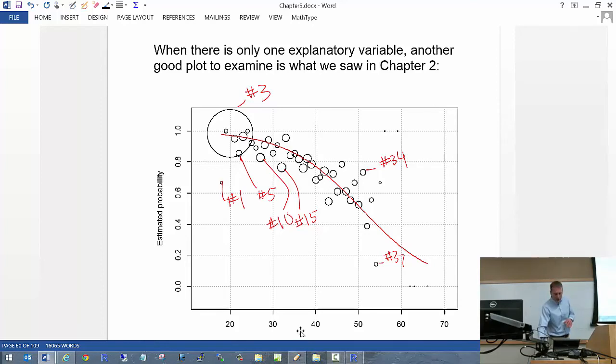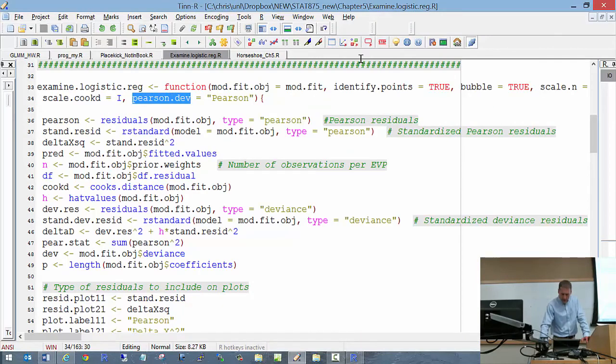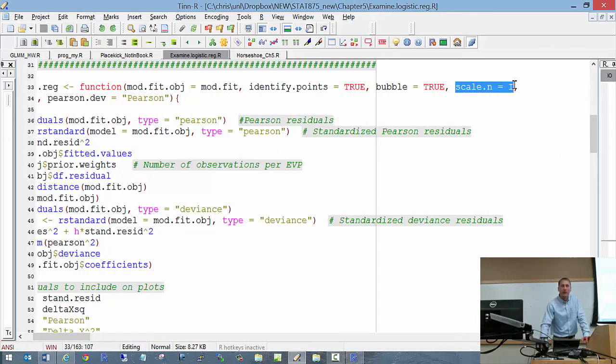And that's the purpose of this particular argument here, scale.n. If I just have I there, that corresponds to everything staying the same. If I put square root or sqrt there, it will do a square root transformation of all your n's.